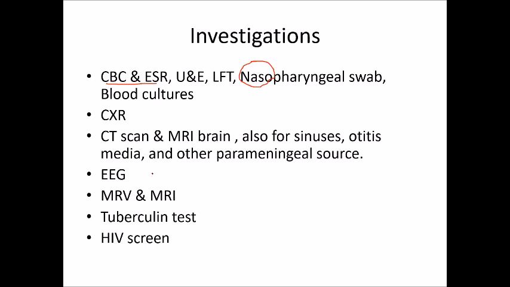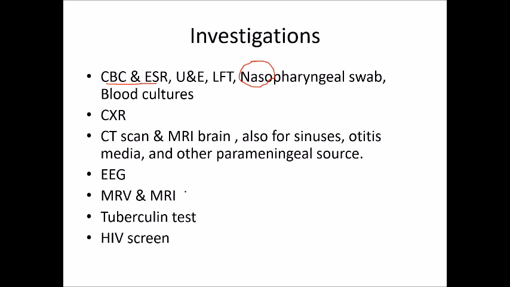Although they usually come on a more rapid tempo than inflammatory disorders, sometimes they are indistinguishable from them. So you need to do MRV also in the follow-up of the patient, to exclude extension of the inflammation to the venous sinuses.